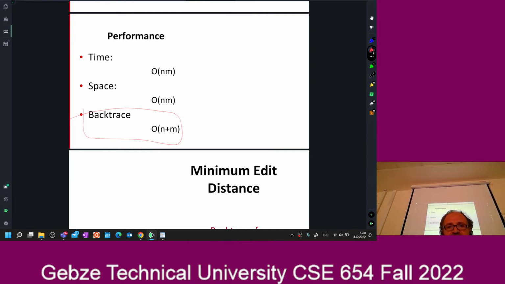I think this dynamic programming was formalized in the 1950s by a guy named Bellman, and people started using it in many different areas, and we are going to see at least 4 or 5 different employments of that one. You are taking this course, natural language processing.